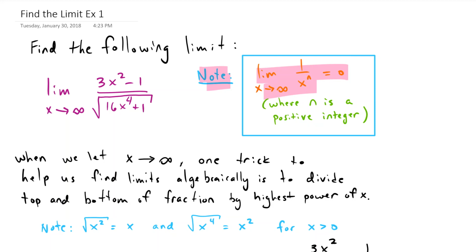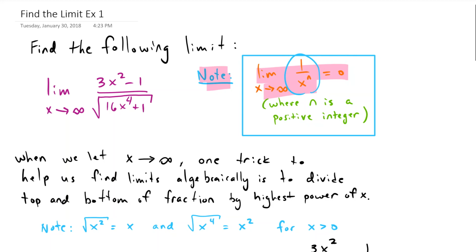X approaches infinity. Infinity isn't actually a number. Infinity is a concept that means increasing without bound. So really what we're saying is, as x gets bigger and bigger and never stops, what is the behavior of a specific function, say 1 over x squared, or 1 over x cubed? What does the function do?